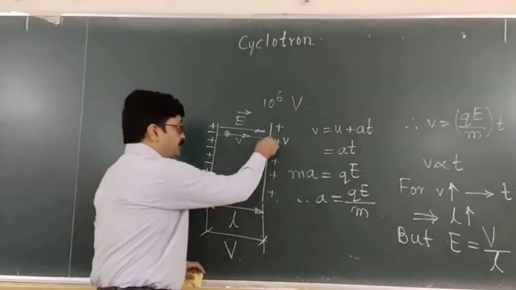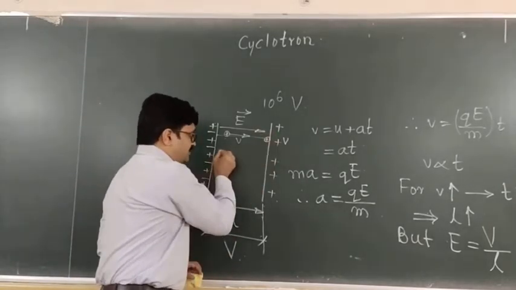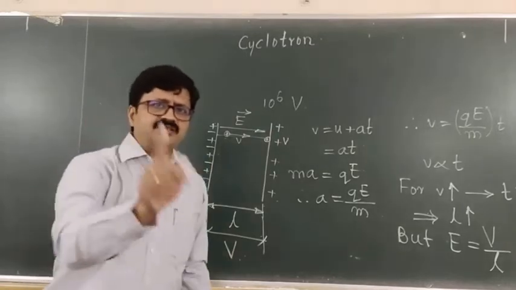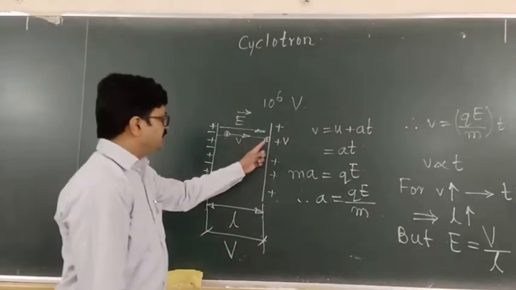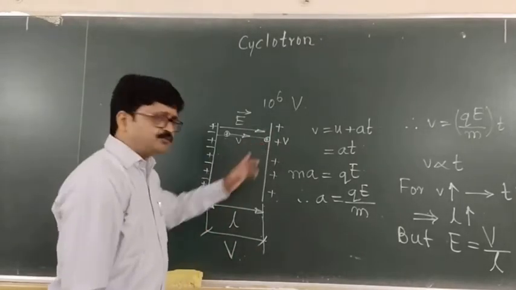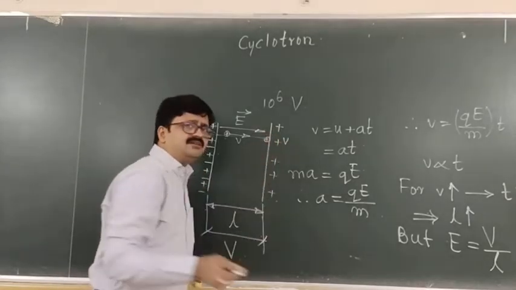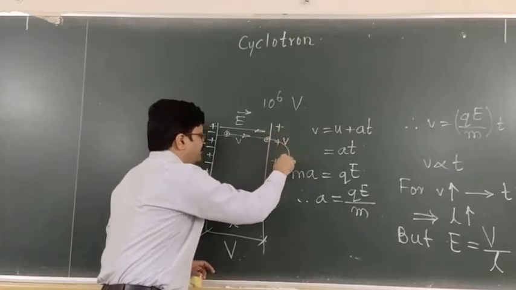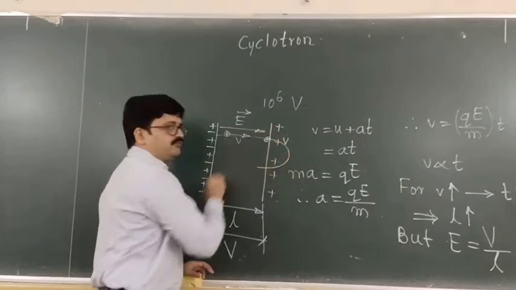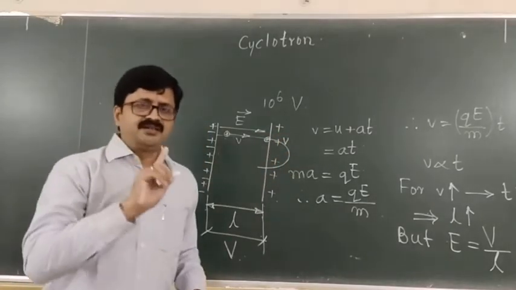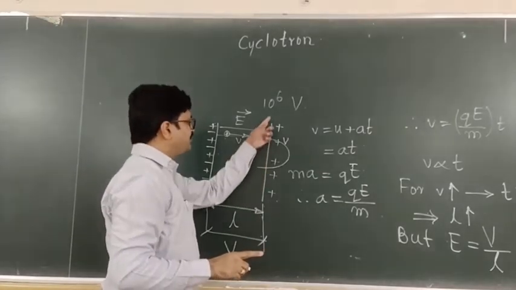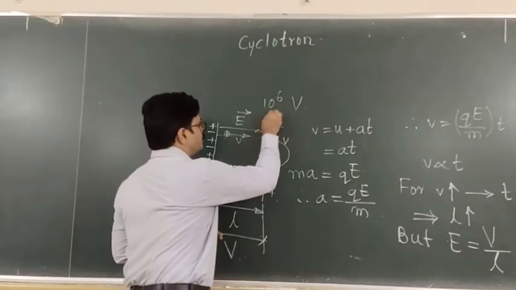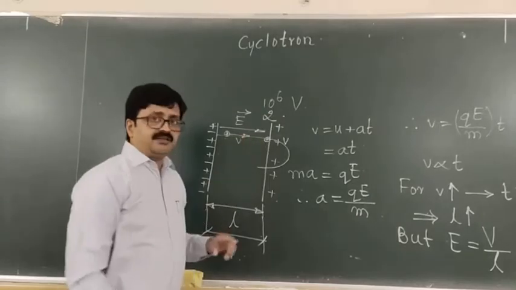Now, while moving like this, obviously it might lose its speed. So in order to prevent that loss in speed, we can make this particle revolve circularly. Suppose the speed of this particle on reaching plate number 2 is v.